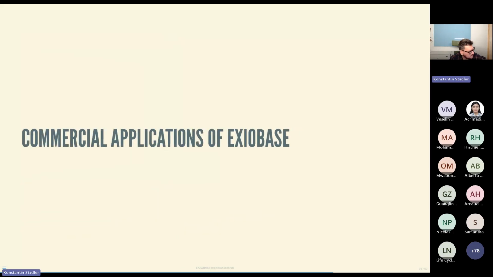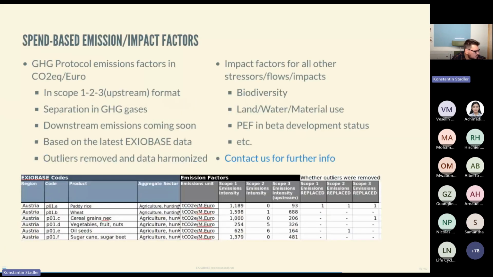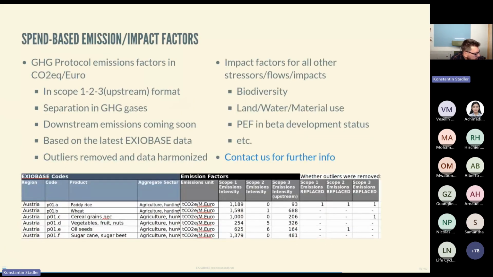For the commercial applications of Exiobase, so far it's mostly scope 1, 2, 3 emission accounts, and we actually provide them in a ready-made table for the different products separated into these 3 accounts. We also provide them either as aggregates or as separated into the different greenhouse gases.